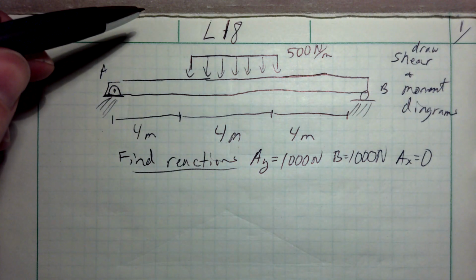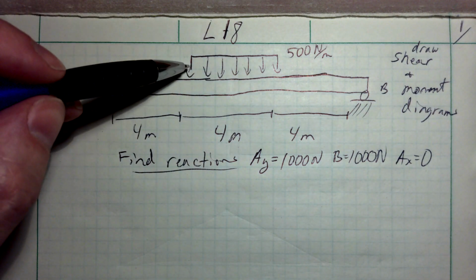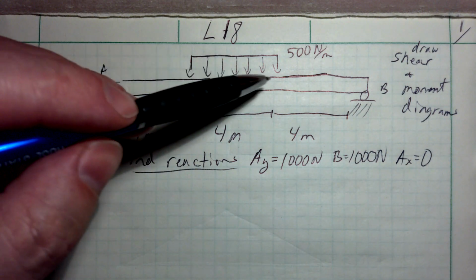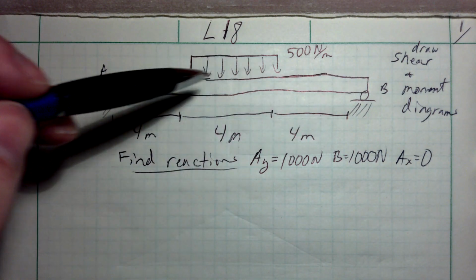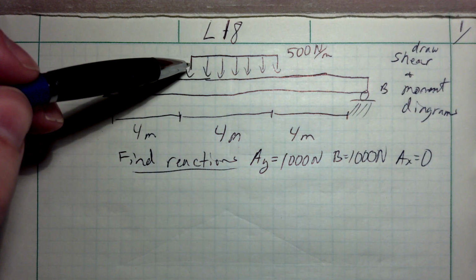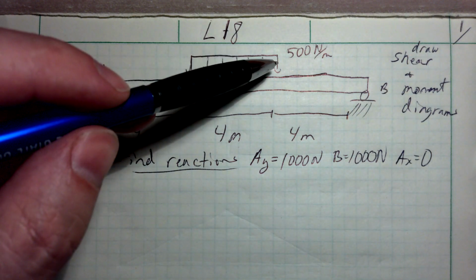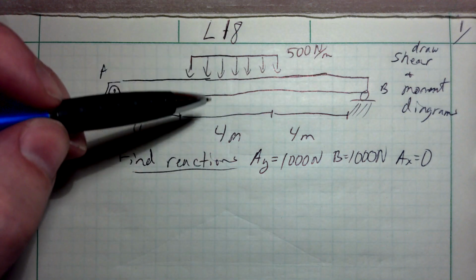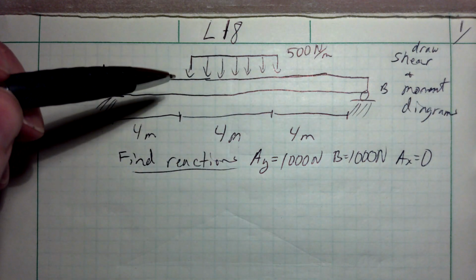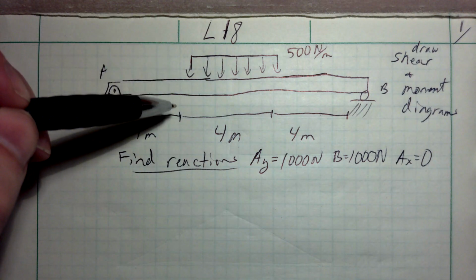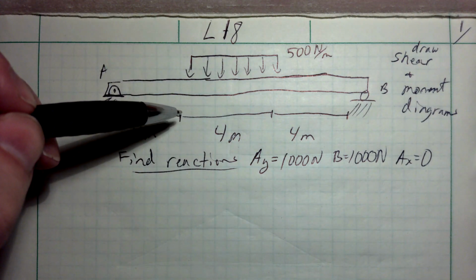Now we need to determine the number of cuts. So I have a distributed load here, but I have no distributed load here, and I have no distributed load there. So the distributed load goes from 0 to a constant 500 newtons per meter. And then again, at the end of this, it's going to change again back to 0. So I need to know that the shear and the moment, as functions of x, are going to change in this region between 0 and 4 meters.